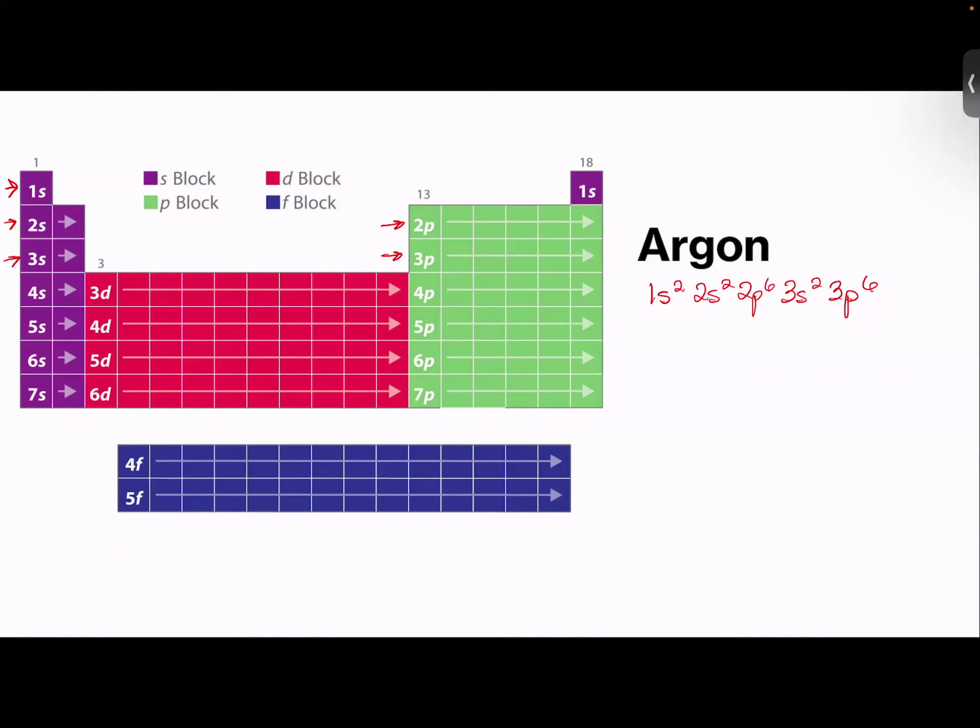What noble gas came before argon? Neon. By writing neon, you've just included everything neon has. You only need to include what neon does not have. So we have taken care of everything in row 1 and row 2.